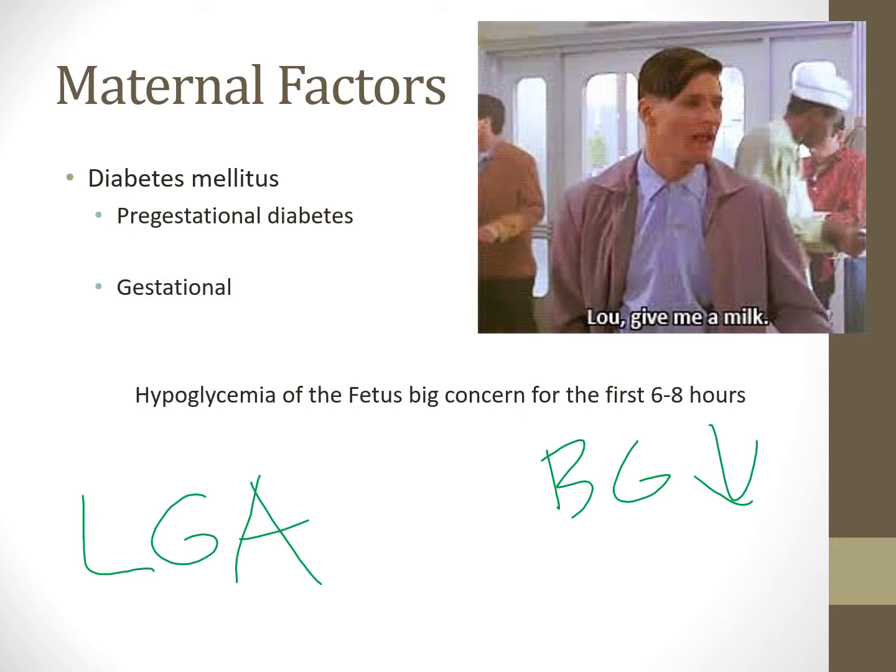It's one of those odd things to work with when you go to a delivery and a baby's LGA and they have to use forceps or a vacuum to help with the vaginal delivery, or we have to go to a C-section because of CPD, cephalopelvic disproportion. In other words, the baby's head is too big to go through the pelvis. That's something you just have to be aware of. Why am I at this delivery? Those are questions you have to ask when you go to a delivery. Why am I here?